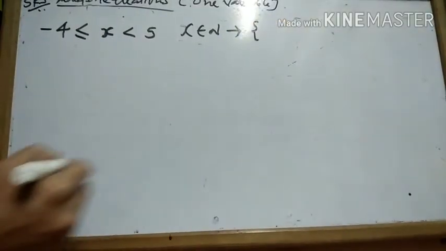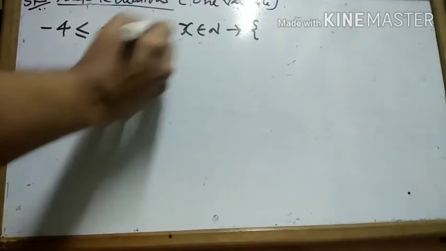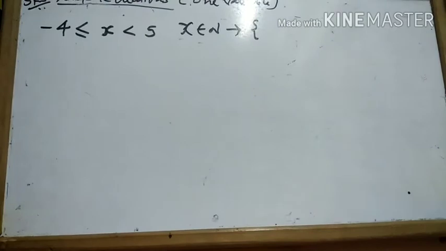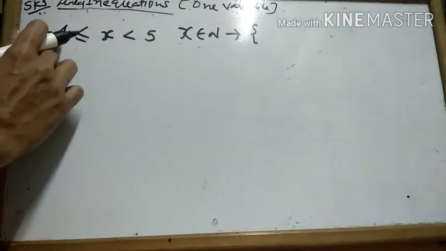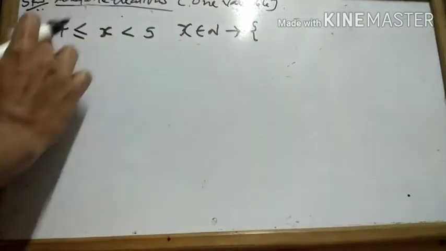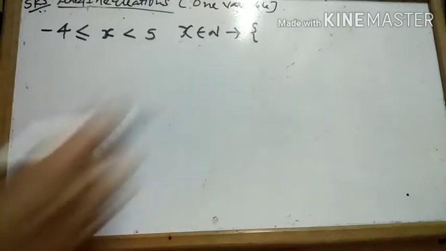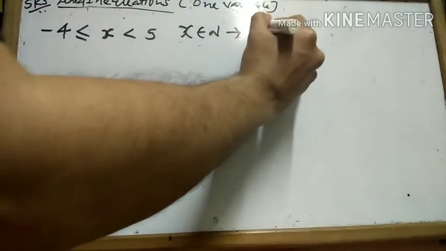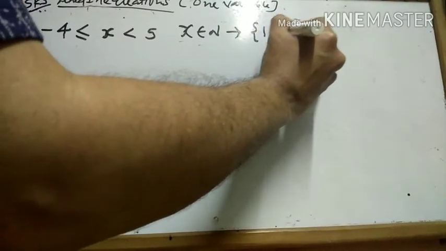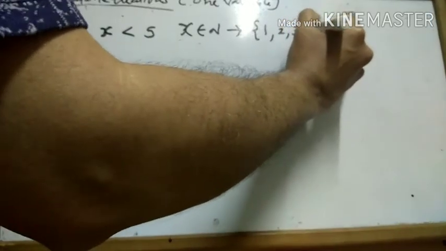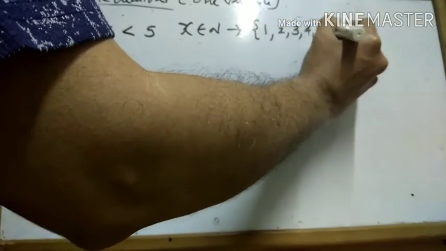Now what will be the set form of this inequation, the value of x in list form? I cannot take negative values, nor 0, because x is a natural number. So which numbers can be represented? 1, 2, 3, 4, 5.